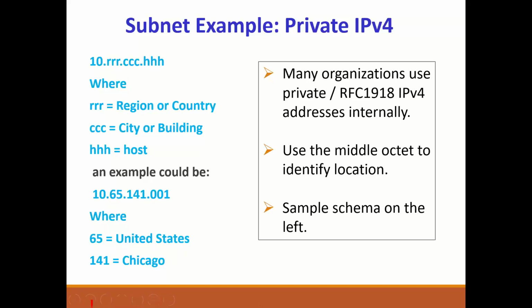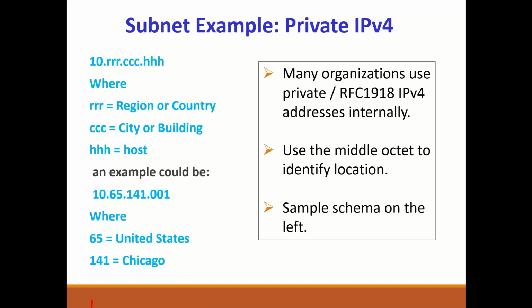So here's an example. Most of us use private addresses internally, so that's why the 10 dot is there. The standard template there is going to be 10 dot rrr.ccc.hhh, and the RRR is the region or the country, or it could be a building, or whatever makes sense to you, and then the CCC is the more refined octet of that, and so that might identify a city or a building, and then the HHH is just the host bits.